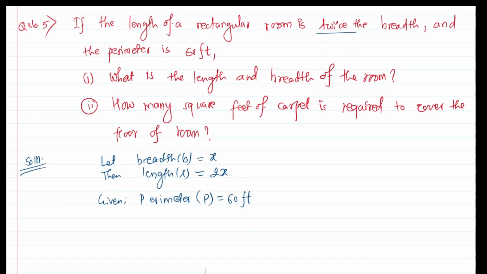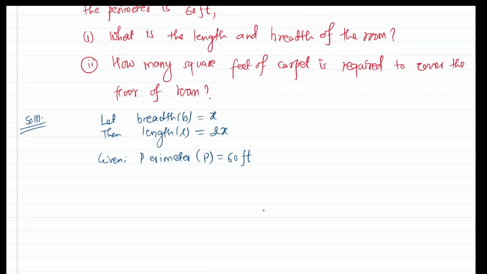In the first part, we have to find the length and breadth. If we know the value of x, we can easily determine the length and breadth. So first of all, let us find the value of x. Putting in the question.